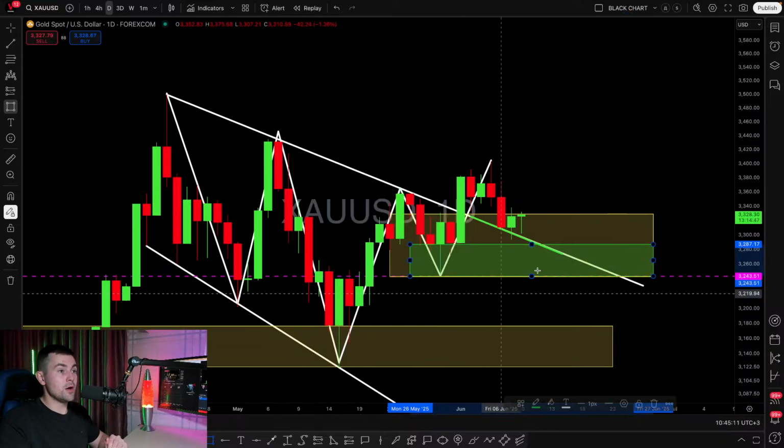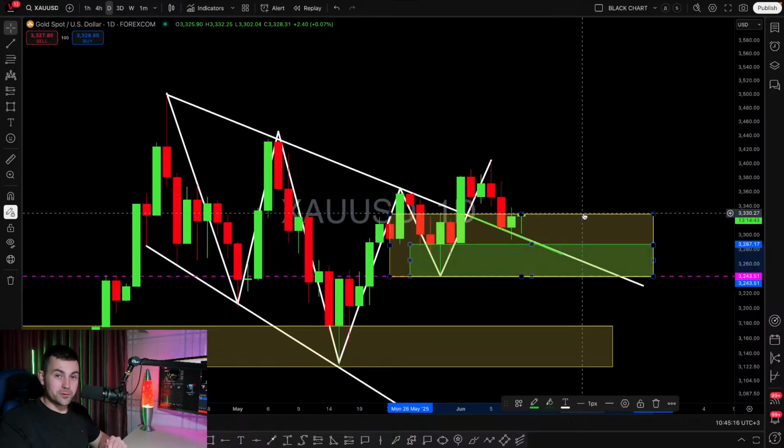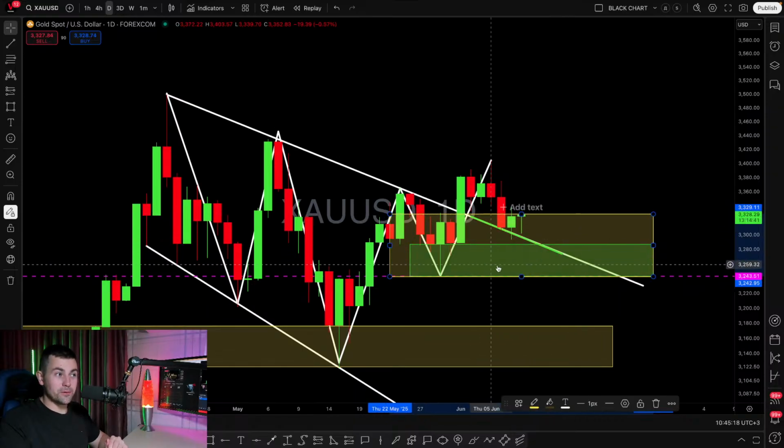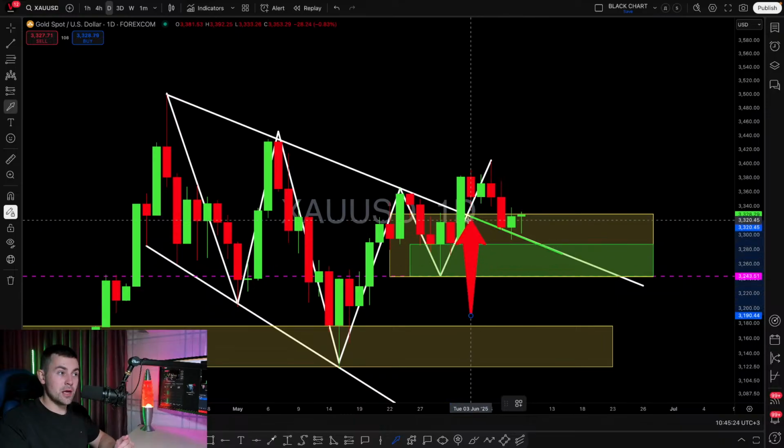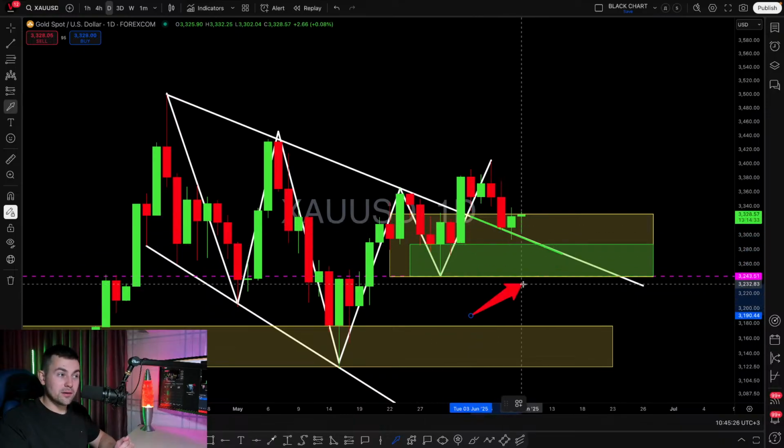So within our potential reversal zone, within our zone where we assume that buying orders are accumulating, we found two significant structures: the trend line and that horizontal demand cluster.